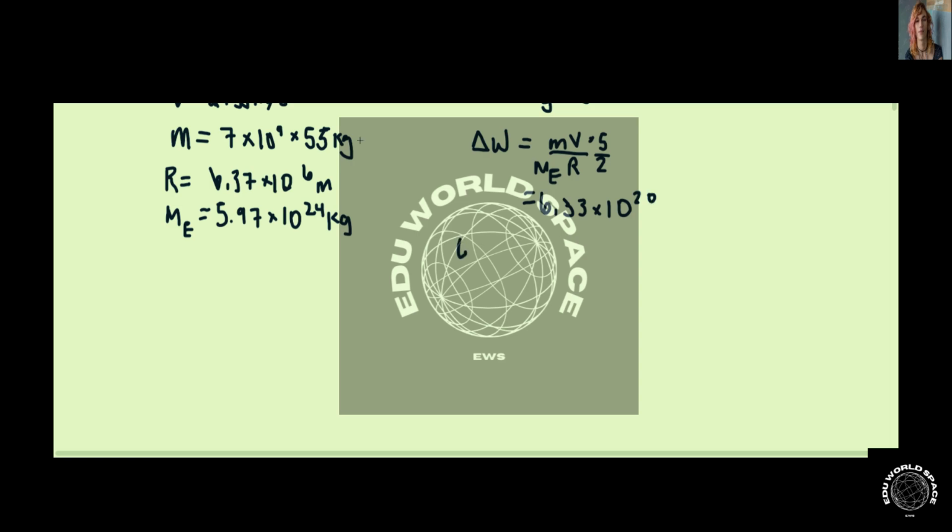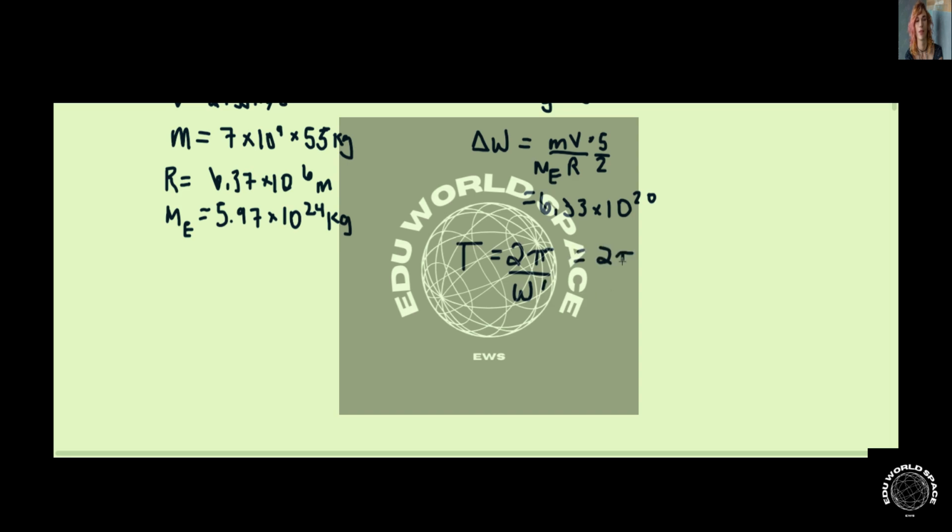So we can get the new period. The new period is equal to 2 pi divided by the new omega, which I'll call omega prime.